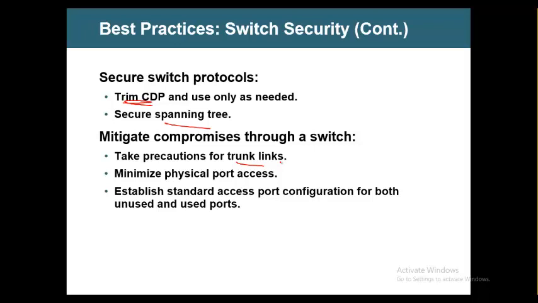You need to make sure that only the necessary ports are left as trunk. Other ports are shut down or configured as access ports. Try to shut down all the unused ports, or at least leave them as access ports.